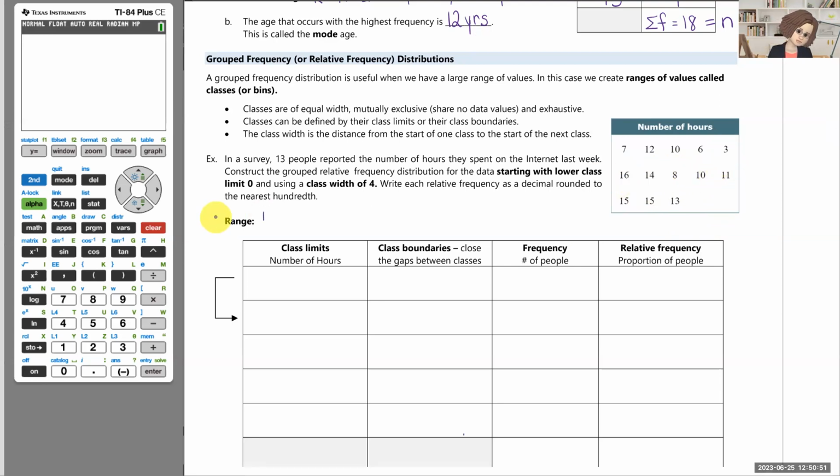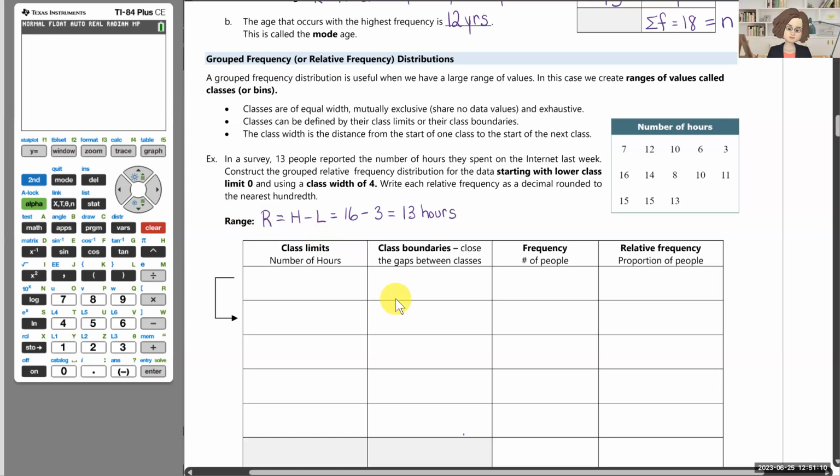So the range, again, is a measure of spread in a data set. So it's just the highest minus the lowest value. So 16 hours minus 3 hours is a spread of 13 hours between the high and the low. So we don't want to write 3 through 16 one by one.